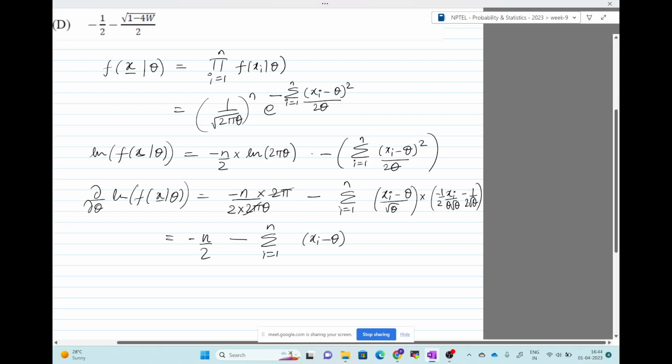No, sir, the first term is minus n by 2 theta. Where? Oh, here. Yes, sir. Here also it should have been 2, no? I had missed that part. Wait. Yeah, so that 2 will get cancelled here.